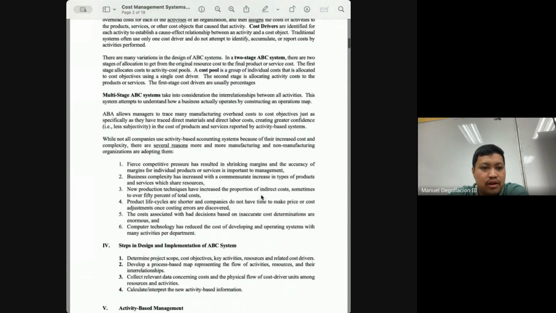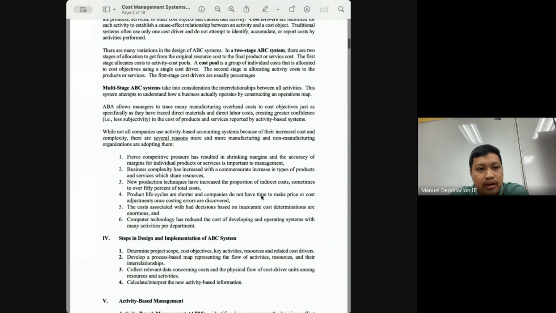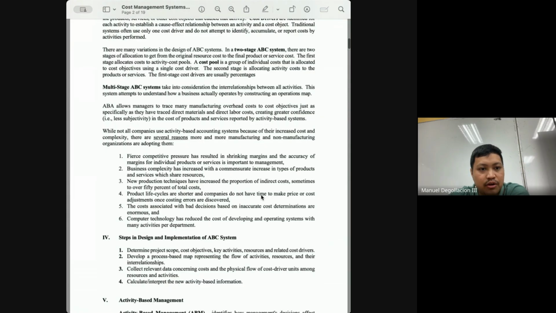If you go down the handout, class, you're given there several reasons as to the shift to activity-based costing, or why companies would adopt activity-based costing. Again, this could be a source for a multiple choice question. And these reasons are fierce competition, business complexity, new production techniques have increased the proportion of indirect costs, sometimes to more than 50% of total cost.